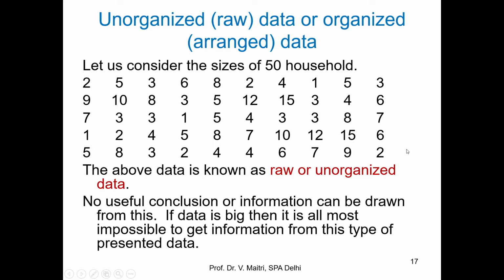This data is known as raw data or unorganized data. It is very difficult to conclude any information from this. And this is only 50 households; if there are 500 households, you cannot draw any conclusion from that. You cannot listen to what the data is saying.